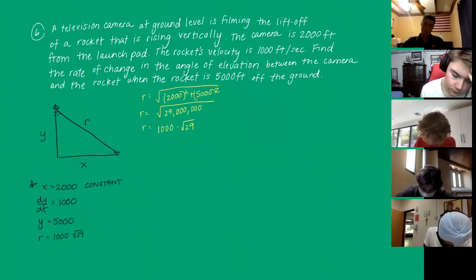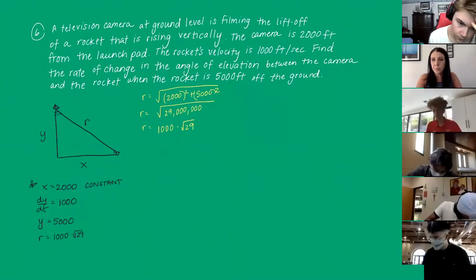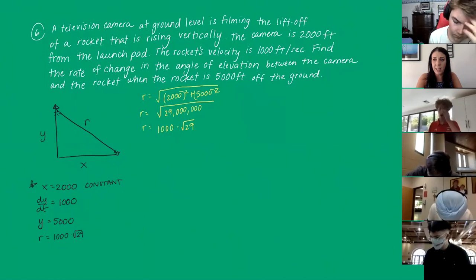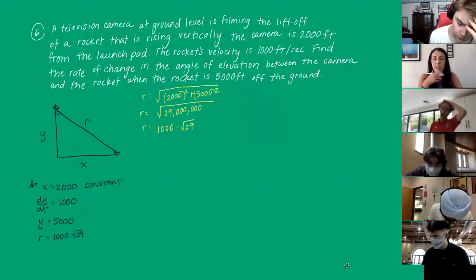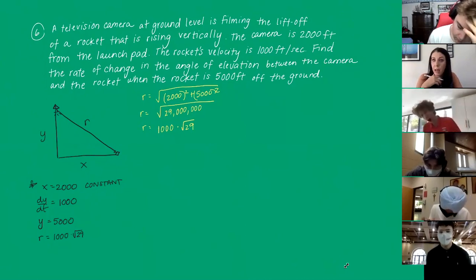One of the hardest parts about this question is actually figuring out what it wants us to find. A lot of times it'll say like, how fast is the rocket moving away from the camera? That would be like a dr/dt. That's not what this one says at all.